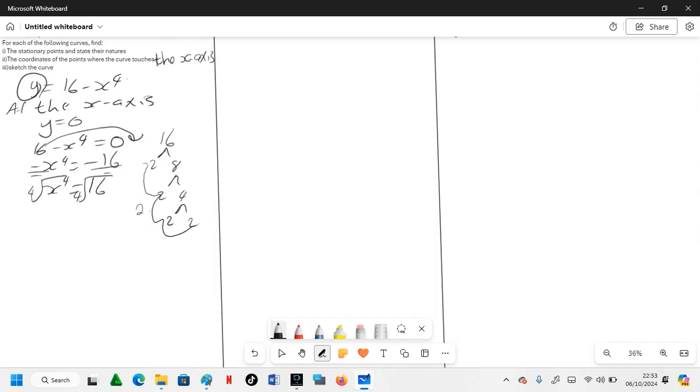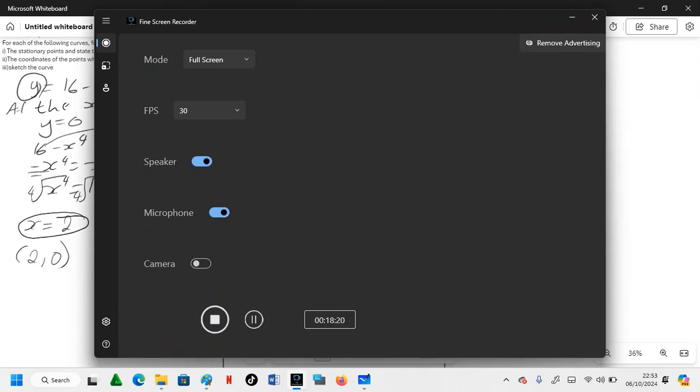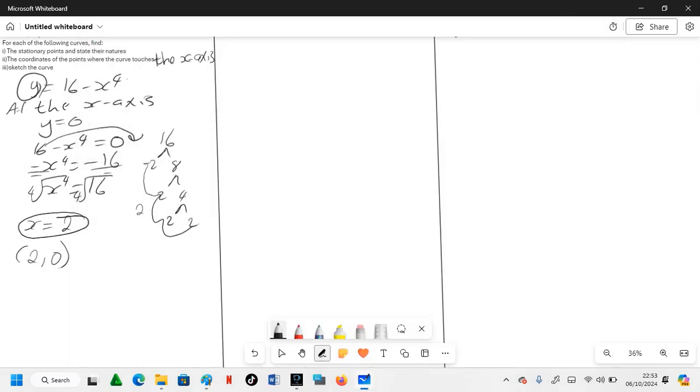And because we are dealing with the fourth root, then the group of 4 twos is just 2, that's just 1. So x is equal to 2. So the point where this curve touches the x-axis is where x is equal to 2, and therefore it is the point (2, 0).